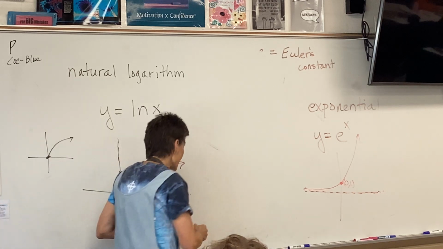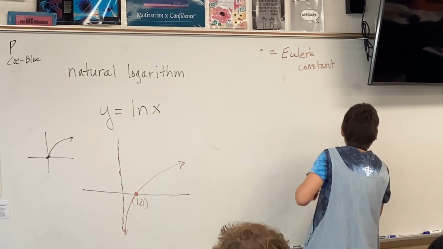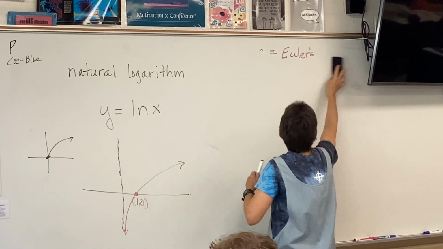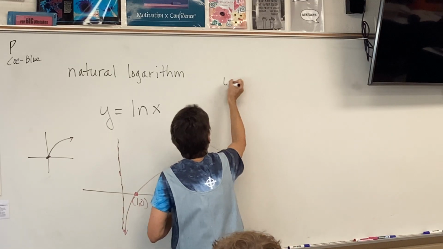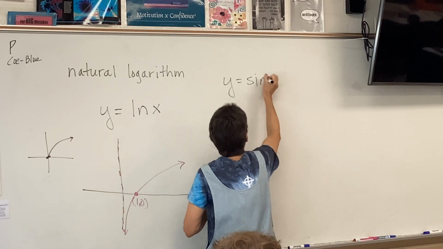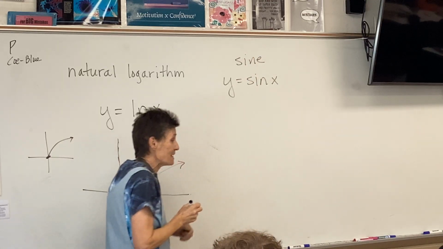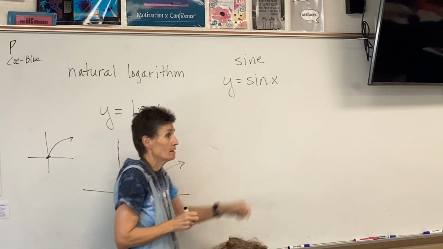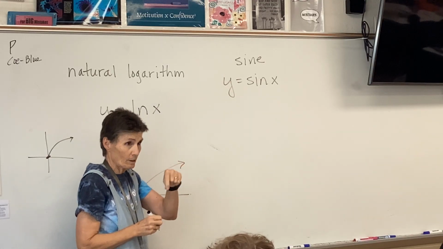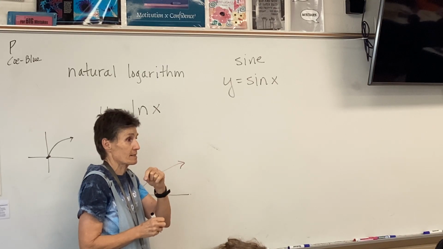All right, sine and cosine. We will spend a lot of time with sine and cosine. The abbreviation for sine is SIN. So your equation that you're going to memorize is y equals sin x.